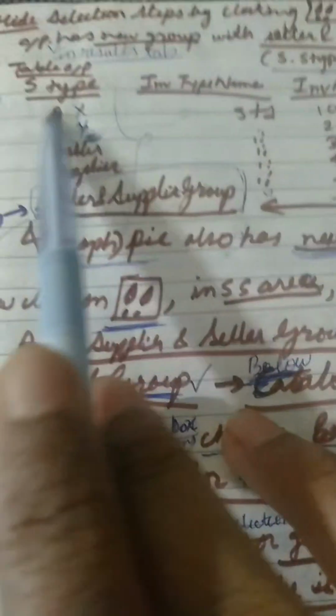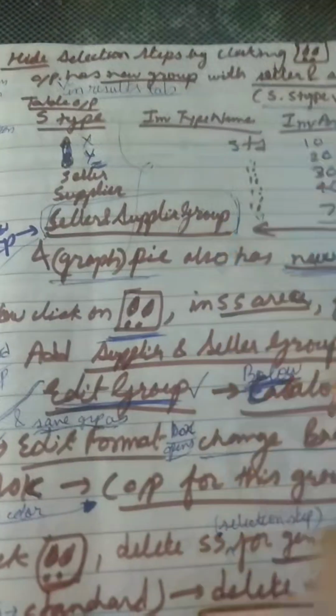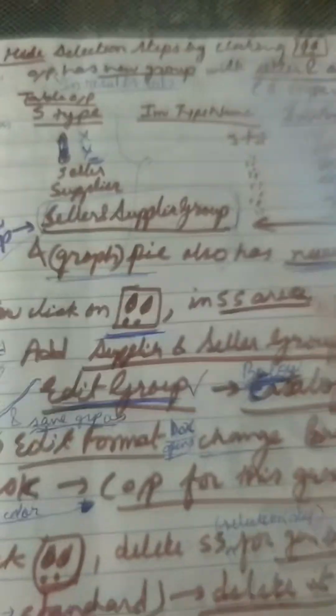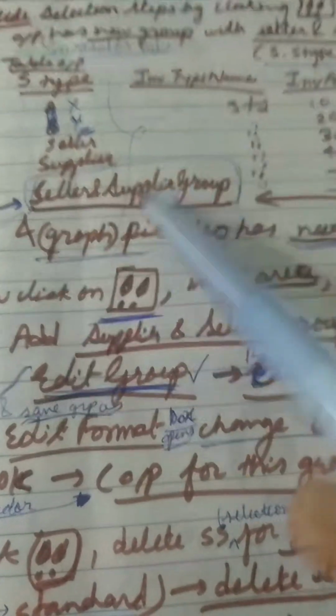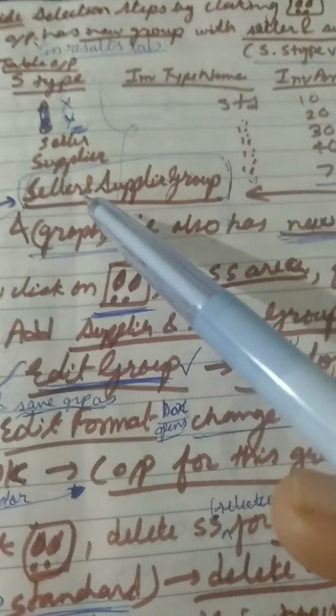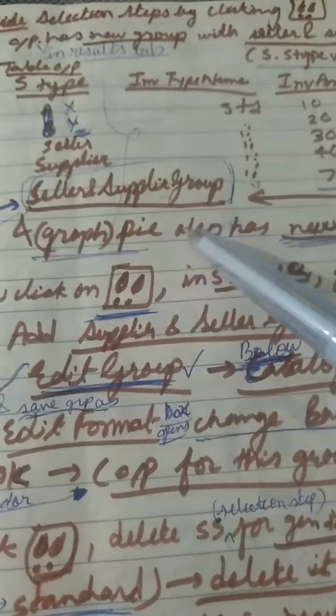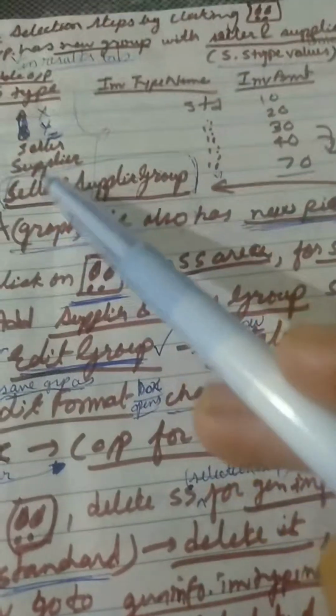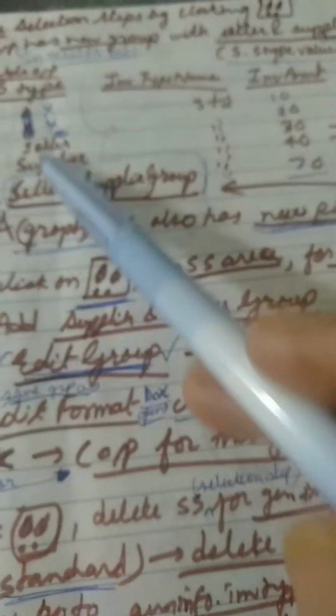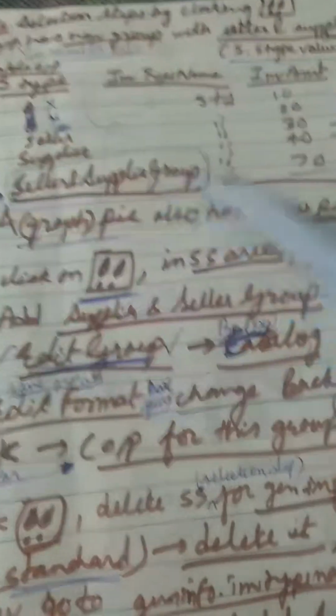now the output will have a new group. How does it look? This is my supplier type, this is my invoice type name, this is my invoice amount, the three columns we selected. You have XYZ, seller, supplier, all these things. Now for seller and supplier group, my amount will be added, because I have taken these two into account, so this will be added together.